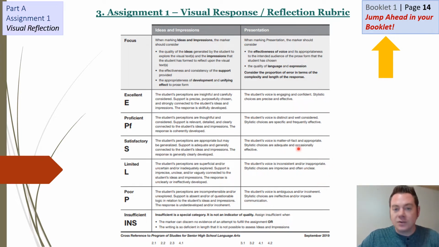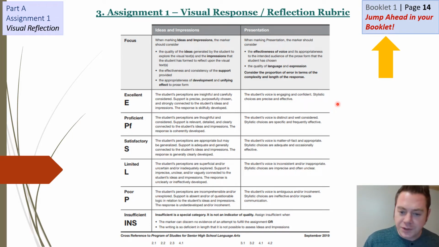Again, the satisfactory, it worked. There were mistakes, but it didn't stop communication in any way. We made it through. It just didn't go any further than that. Taking a look at the proficient, the 80% here, the voice is distinct. It's well considered. Frequently effective stylistic choices. It was good. And then you have the excellent, the 100% here. So the student's voice is engaging and confident.